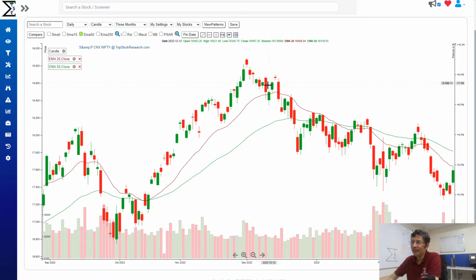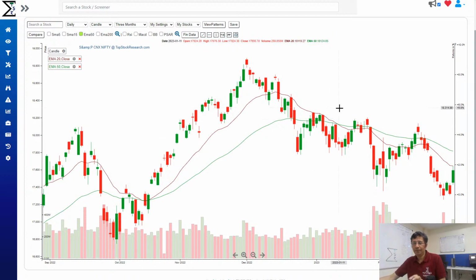Also, if you see, this is a typical evening star pattern. So along with the moving average, if you see that very close to the moving average certain patterns are formed, then you can get a little cautious or book the profit, or at least partial profit, of your trade. And then the price crossed below the moving averages, and then the moving average itself has crossed over here. There's a gap down here, and then the moving average has crossed.